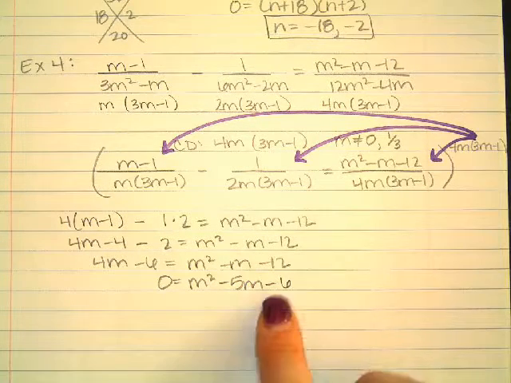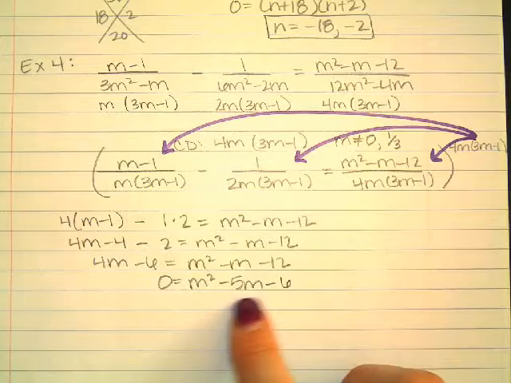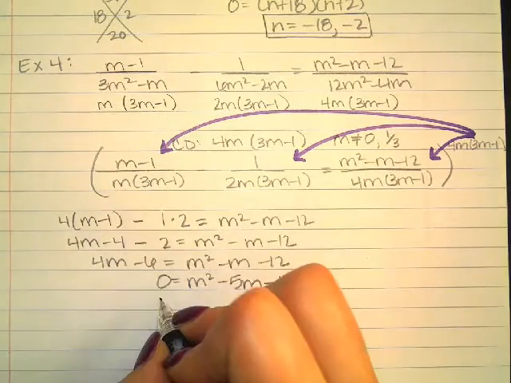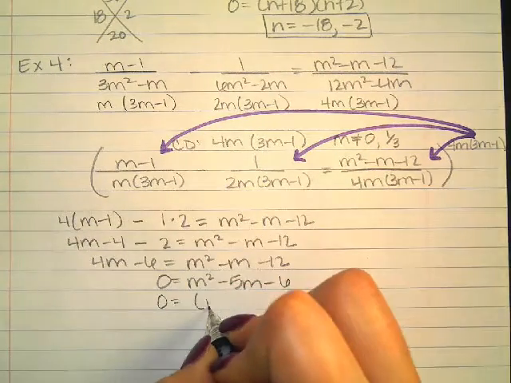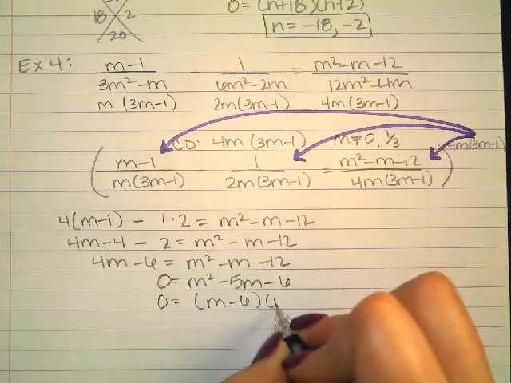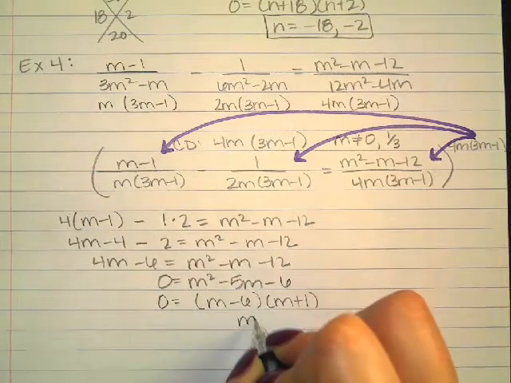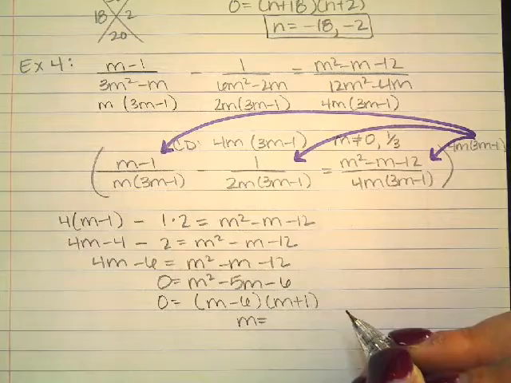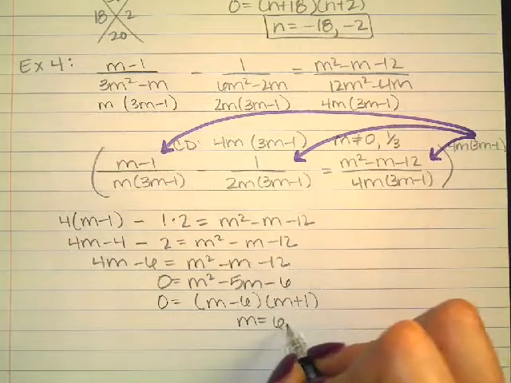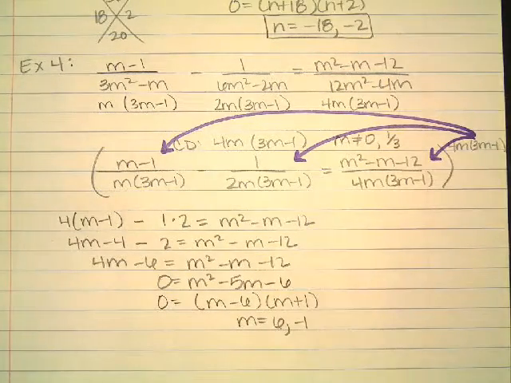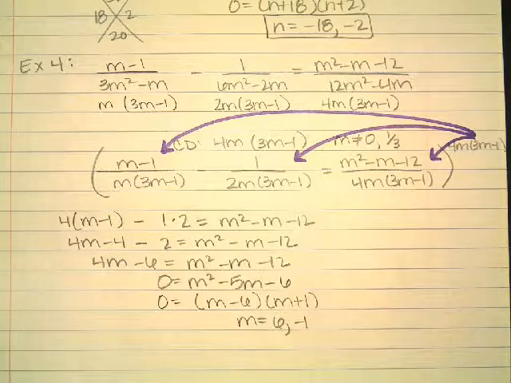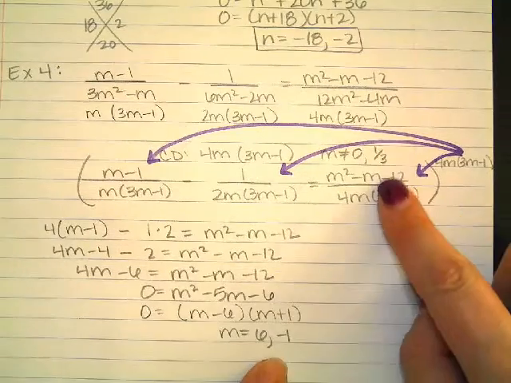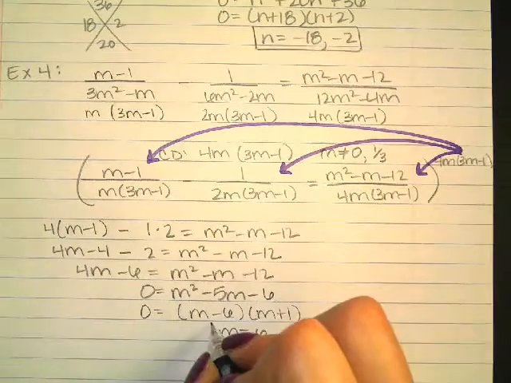So we are multiplying to negative 6, but adding to negative 5. And M equals, okay. And based on the excluded values, we're all good. Yeah, those are good answers.